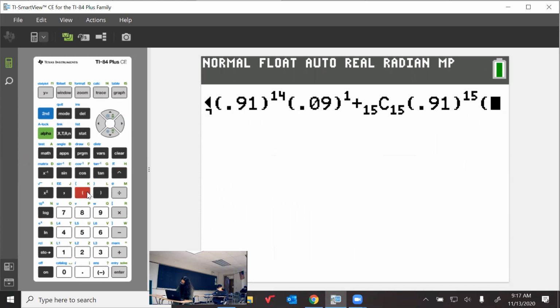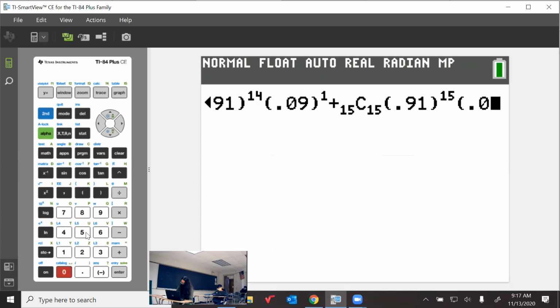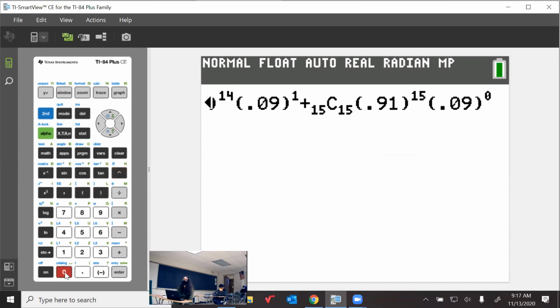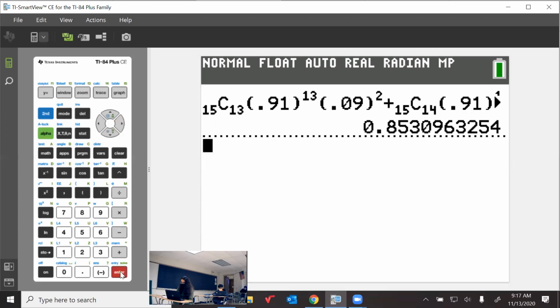But just to be thorough, 0.09 to the 0, there's the same answer. But you see how inefficient it is to type all that. It's way easier to say what isn't included would be up to and including 12. And since they all add up to 1, just do 1 take away the sum of 0 to 12.